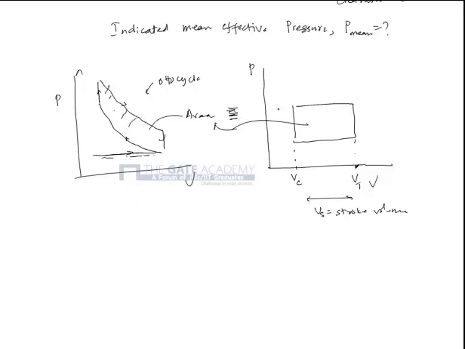So that is how it is built up, and this value is called the mean effective pressure, the width of the rectangle, such that the area is the same.